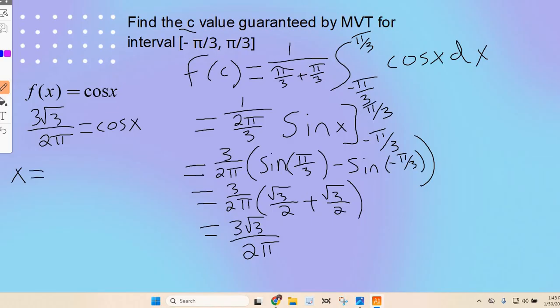Oh, arc cosine? Cosine inverse. So if it asks for an exact value, that would be our answer. If it asks for or gave you a decimal, you could just plug into your calculator.